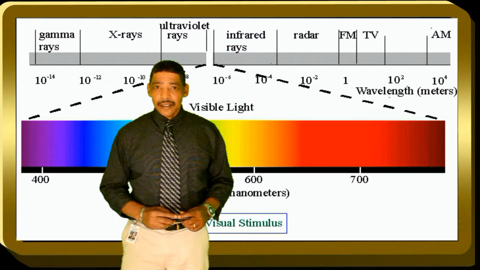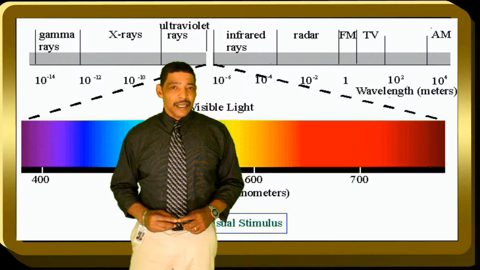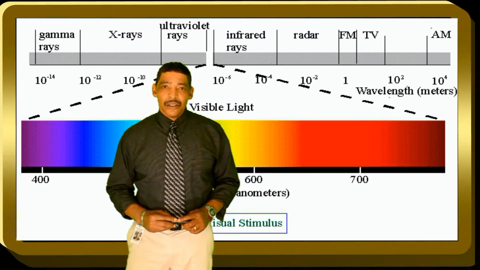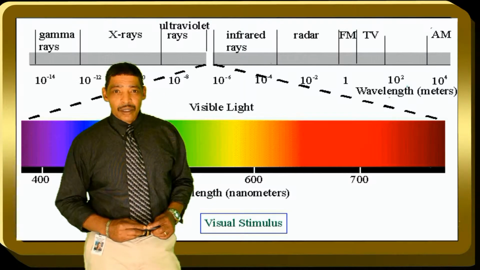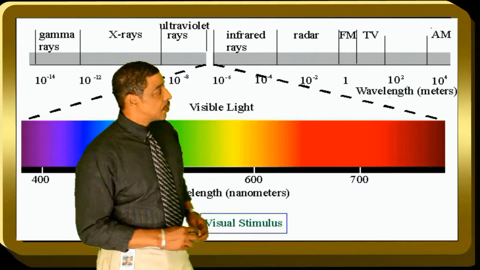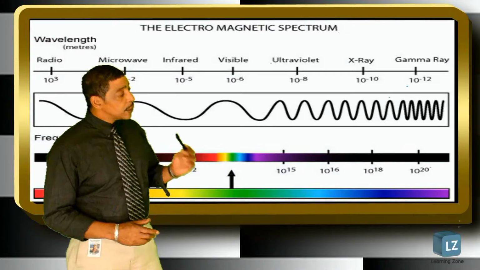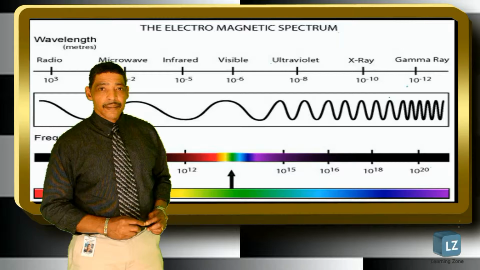This radiation has a wavelength from 7 times 10 to the minus 7 meters or 700 nanometers to 4 times 10 to the minus 7 meters or 400 nanometers. Notice also that as the wavelength increases, the frequency will decrease, and vice versa.